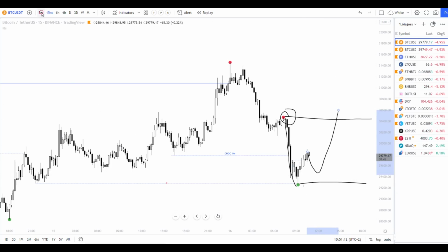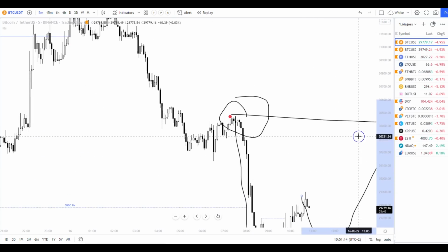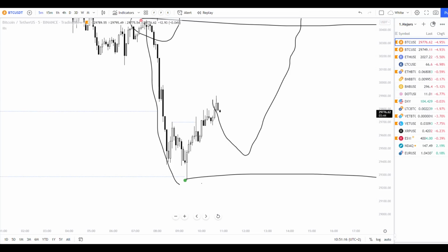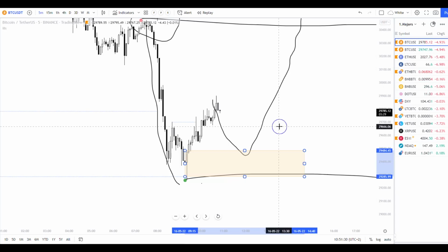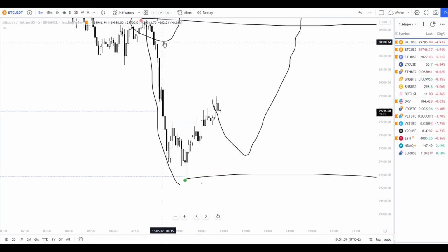I was looking on the 50-minute for this demand zone, more or less like here, to look for an entry from this level, which is 92,300 to 29,500, more or less. If I get it, then I will go long.